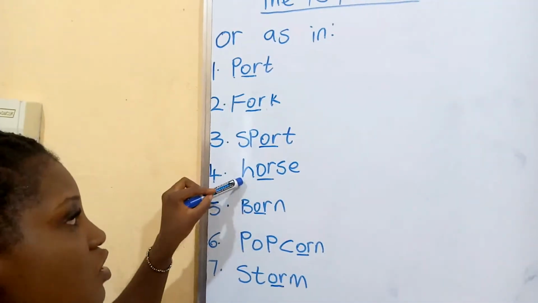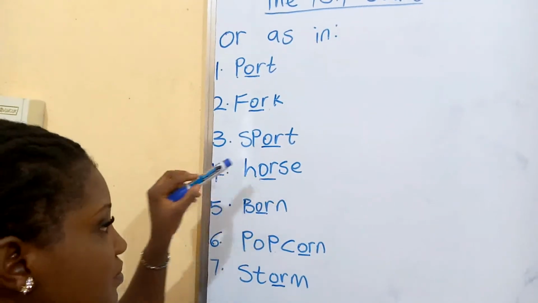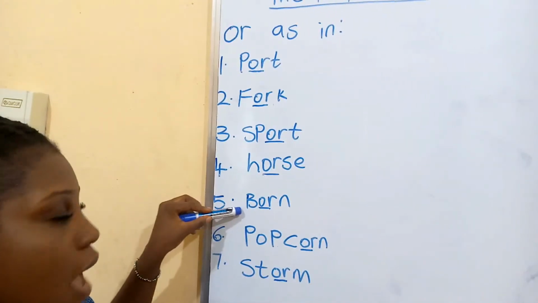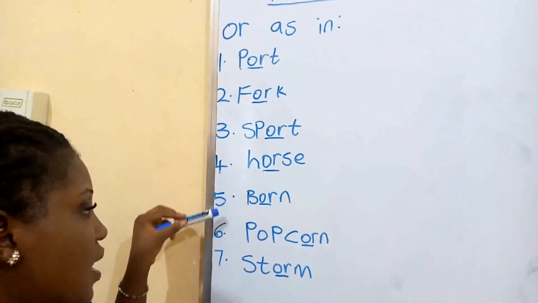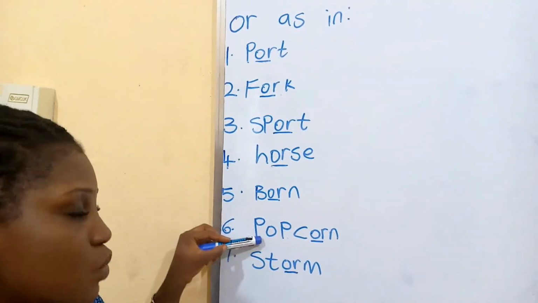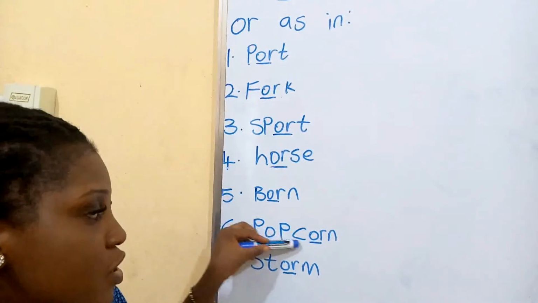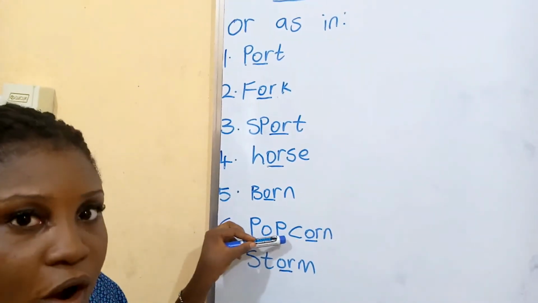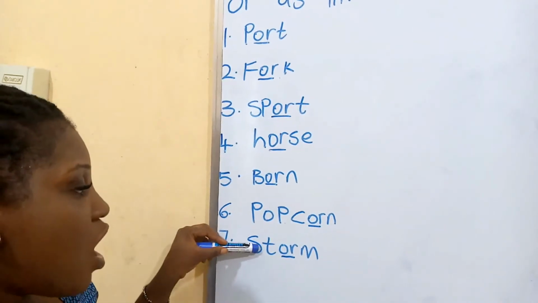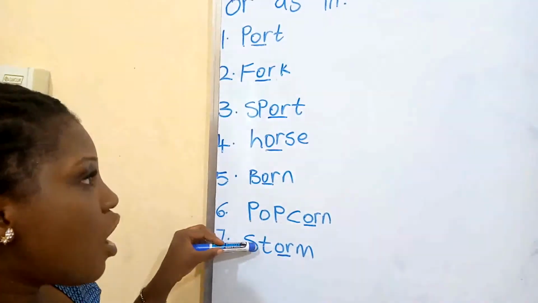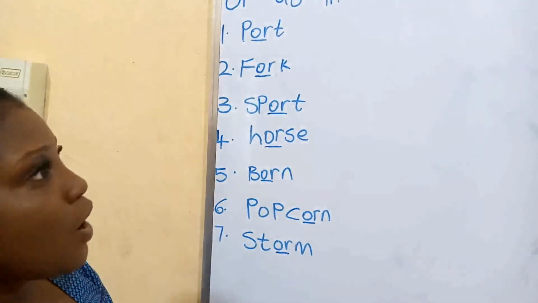Horse. Is what? Horse. So we have here burn. Burn. And this one is what? Number 6 is what? Popcorn. Popcorn. And the seventh one is what? Storm is what? Storm. Okay.